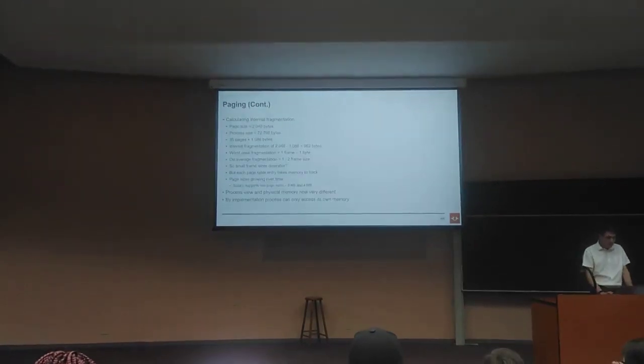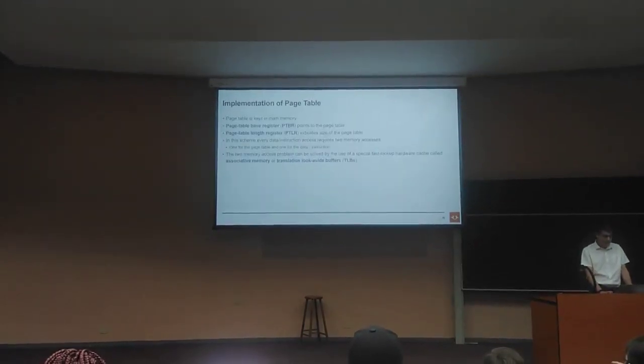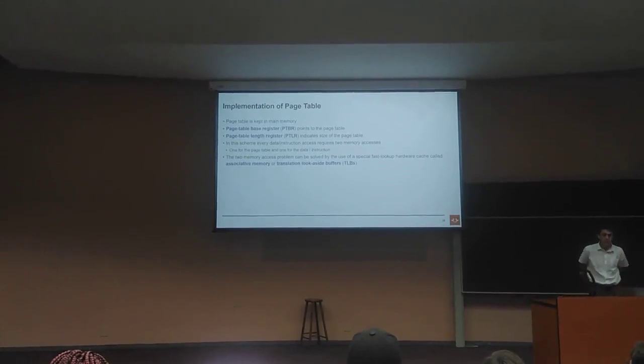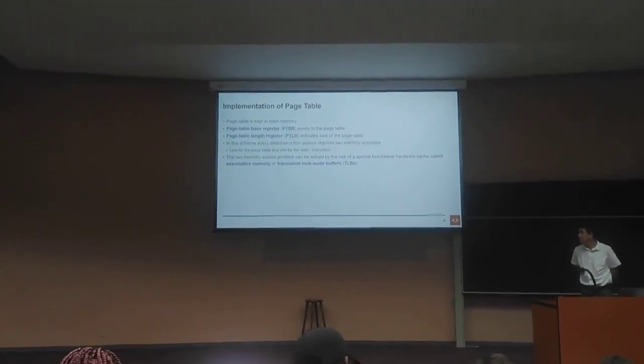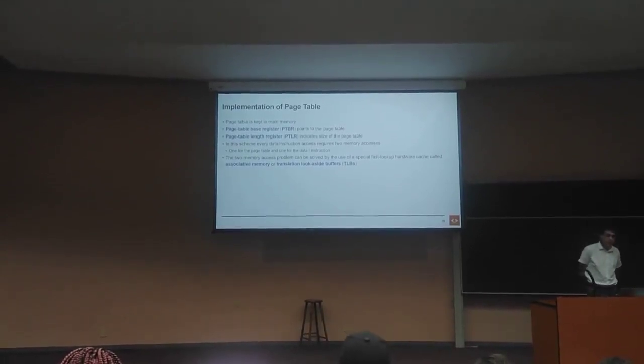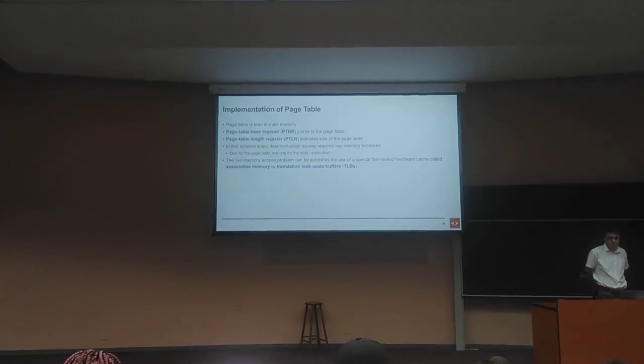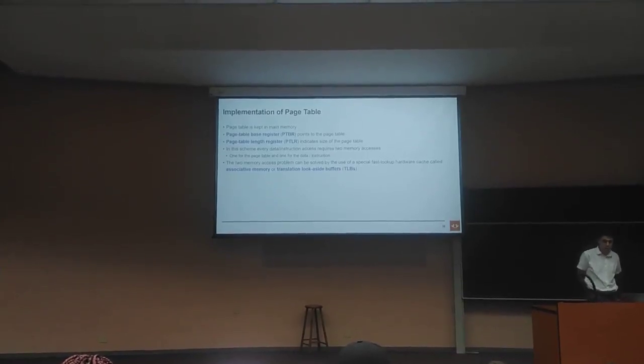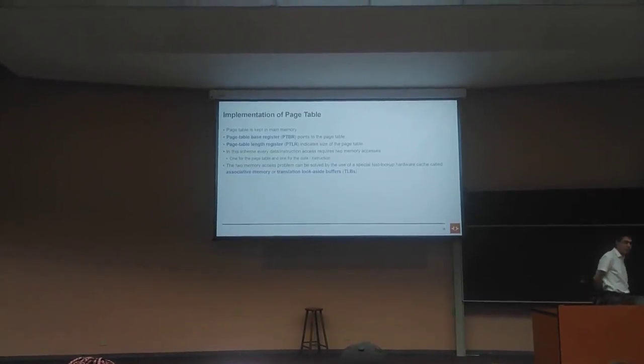As I already mentioned when we started our lecture, one of the problems we have with implementing a page table is how fast we want the page table lookup to be. To help solve this problem, we implement a translation look-aside buffer.